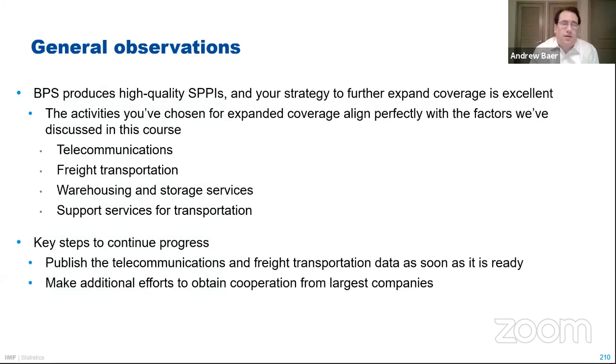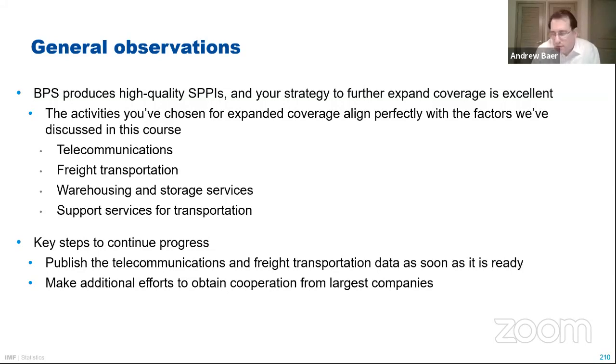We talked a bit this week about the factors to think about when choosing the activities to cover, and the ones you've chosen align perfectly with those factors. That includes telecom, which you're working on now, freight transportation, and then in the future, warehousing and storage services, support services for transportation, and into the future, professional services, and so on.